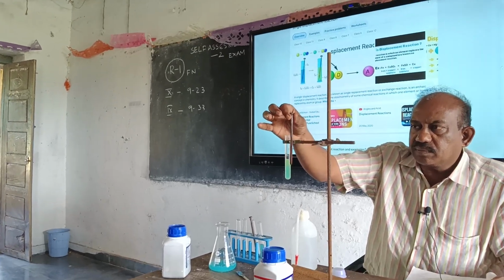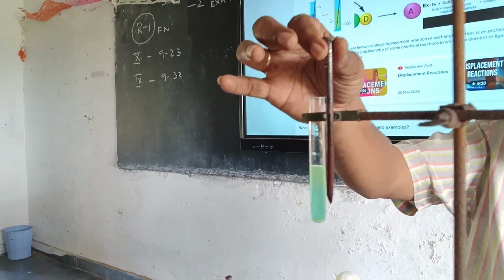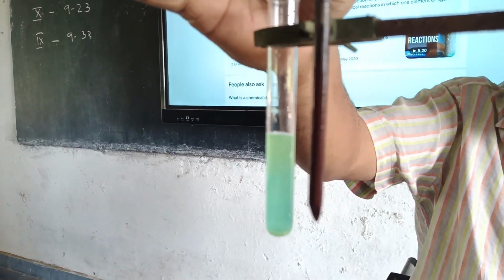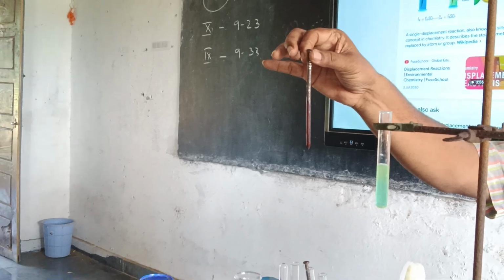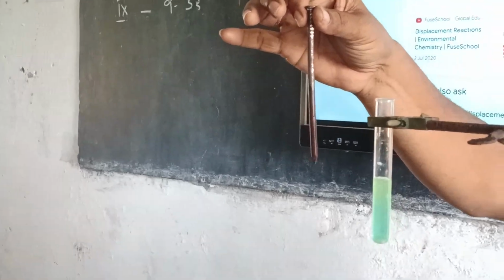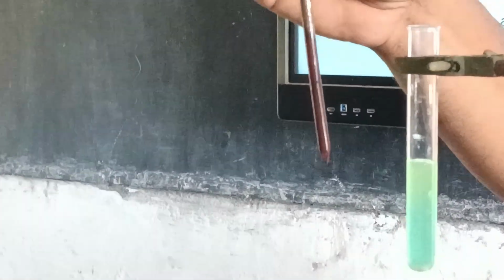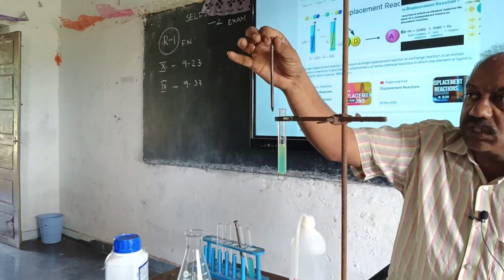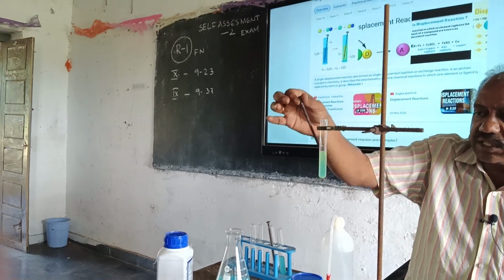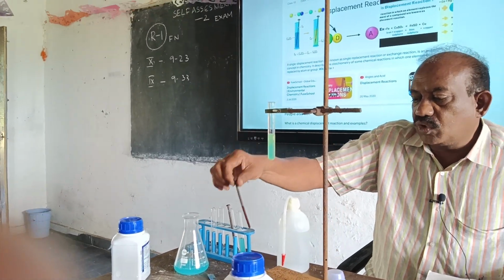See this. How this iron nail displaces copper. Iron nail displaces copper. So this is the color and this is the color of the solution.